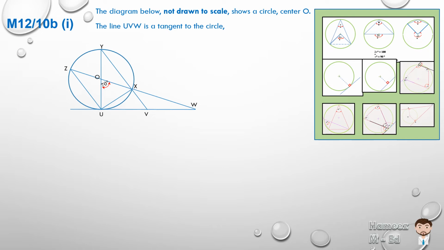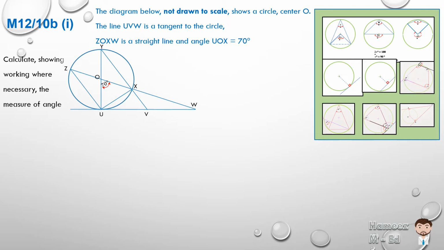And we can tell from the diagram that point is U. ZOXW is a straight line, and we can see it's passing through the center of the circle. And angle UOX is equal to 70 degrees. Part 1. Calculate, showing working where necessary, the measure of angle A, angle OUZ.